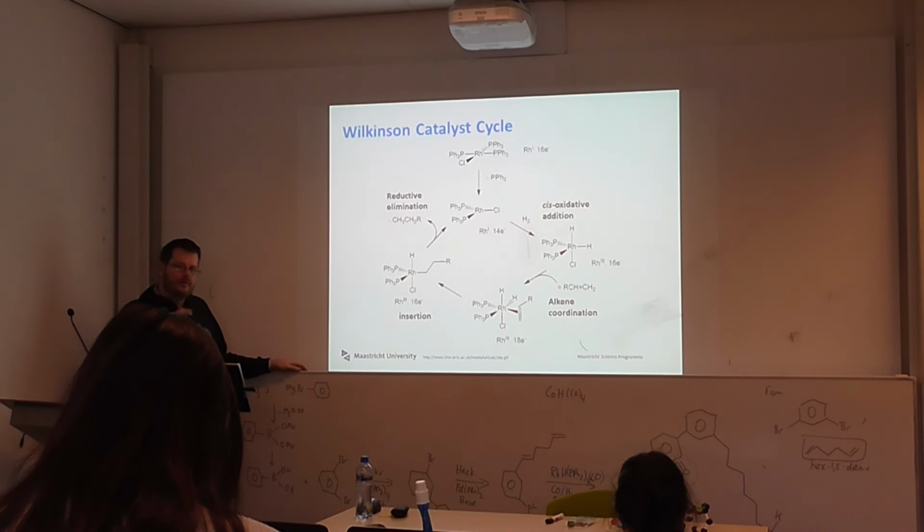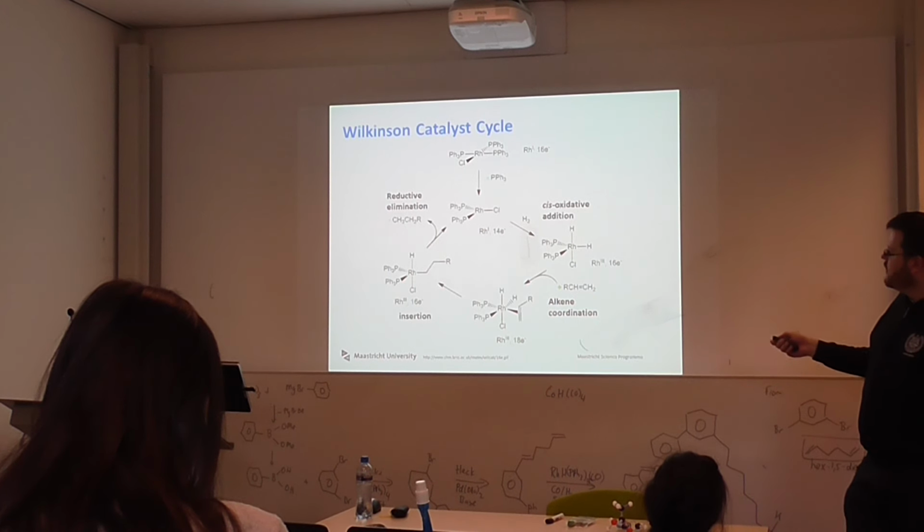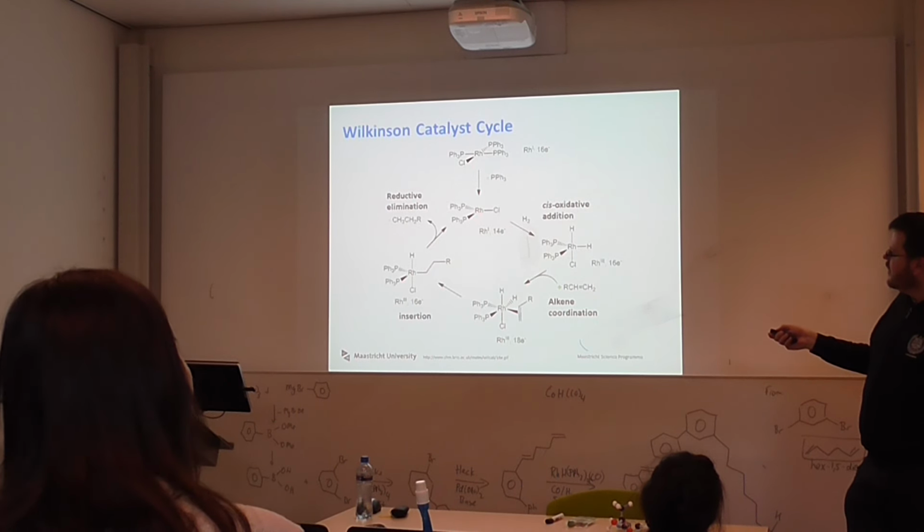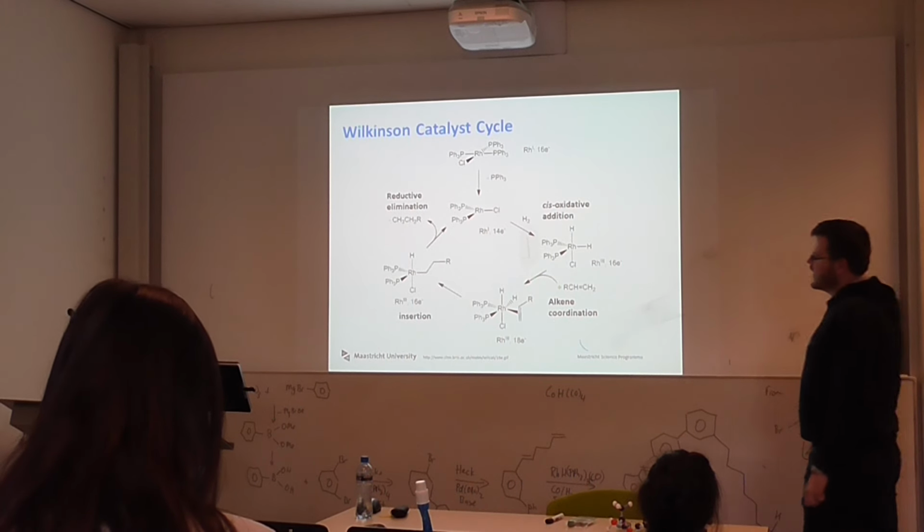Remember, when you're doing these catalytic cycles, always do two things. Count the electrons, look at the coordination sphere to make sure that it's not over-congested, and look at the oxidation states to see if it makes sense. So up until now we have rhodium-1, rhodium-1, rhodium-3, that's okay, but sterically congested, so it makes sense that you're going to have this insertion reaction taking place.